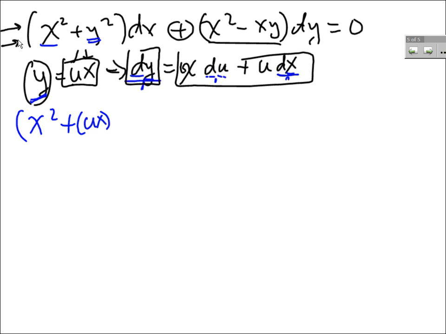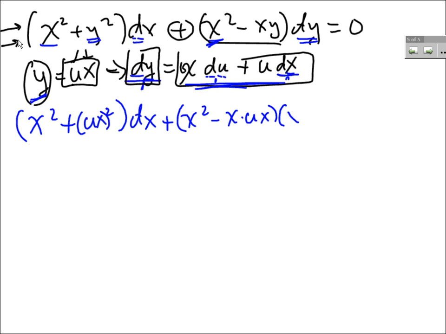That's how I write y, and I square it, times dx, plus x squared minus x times y. Y is ux, times dy. That's dy: x du plus u dx equals 0.